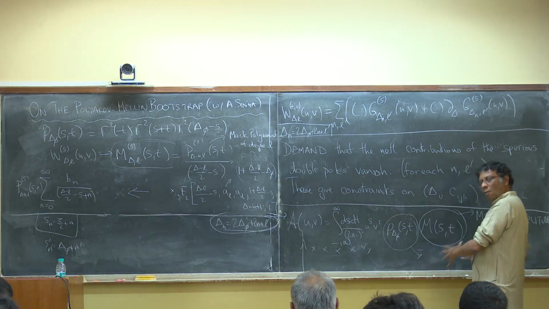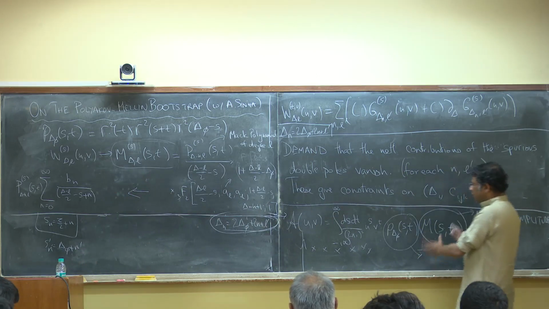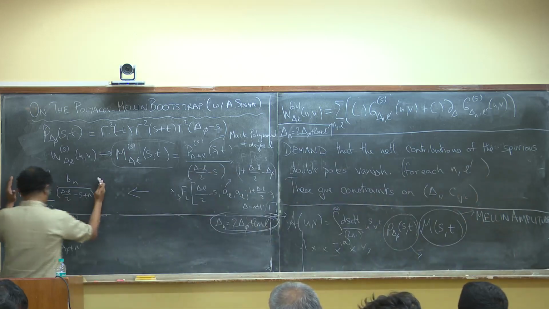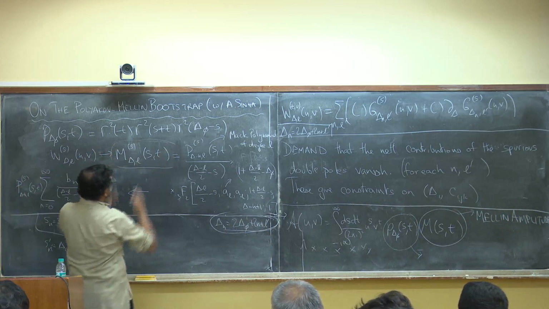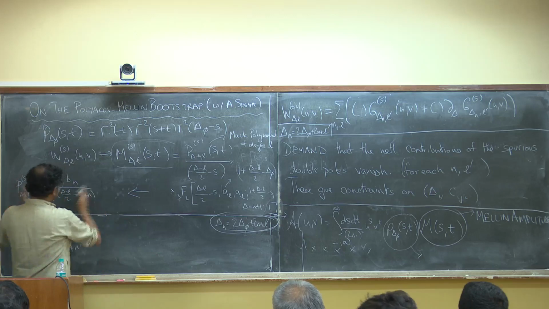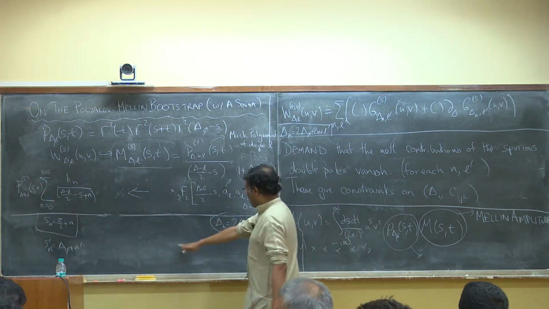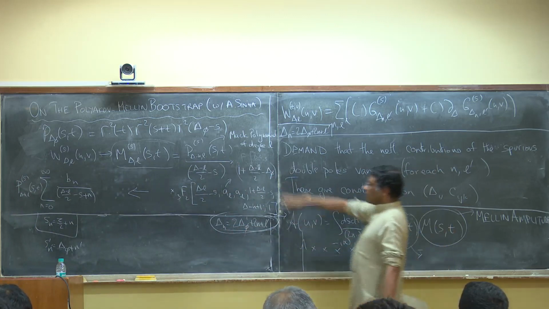The nice form of M of S,T tells you, I mean, M of S,T in some sense knows only about the physical poles. This piece, M delta L of S,T, knows about this. Then the additional contributions from those delta n prime, which I had just wiped out here, are all coming from this.